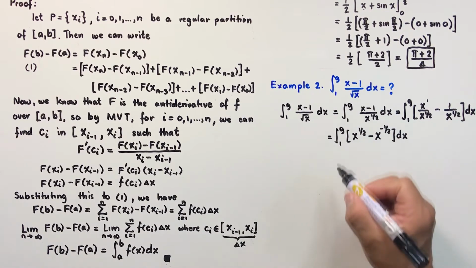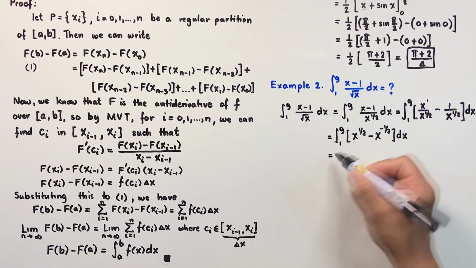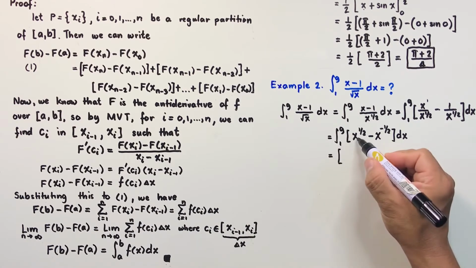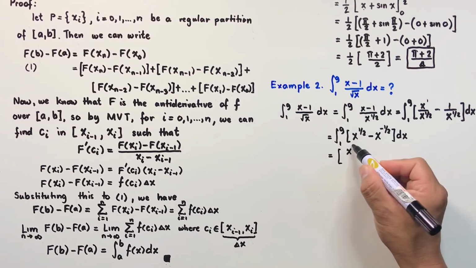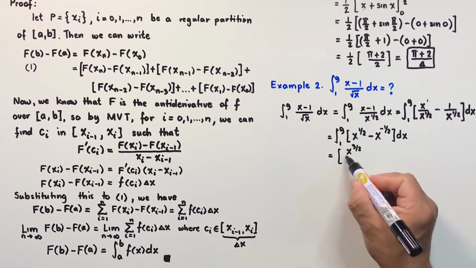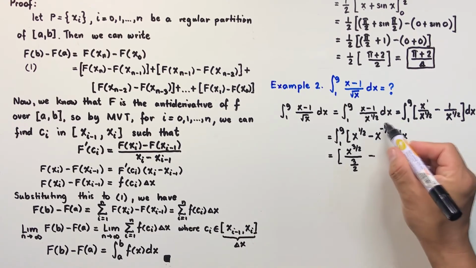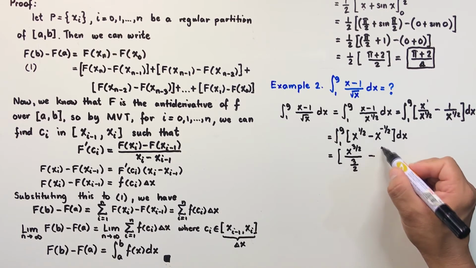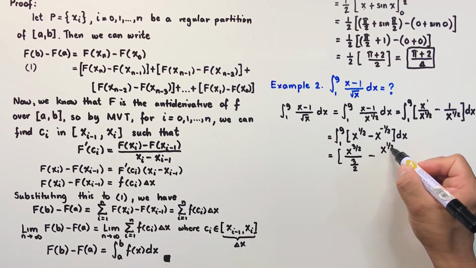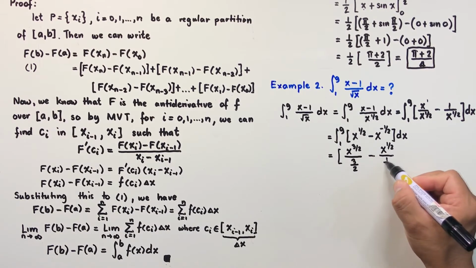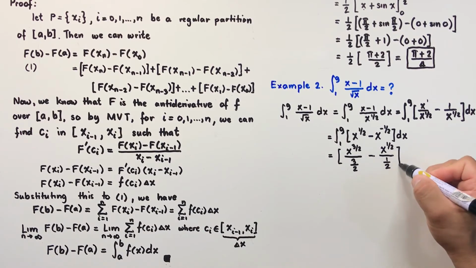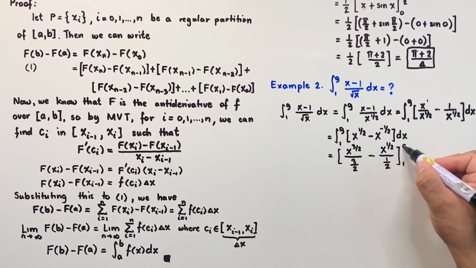So applying the power rule in integration, the integral of x to the power 1/2 is x to the power 3/2 all over 3/2, minus the integral of x to the power negative 1/2, which is x to the power 1/2 over 1/2. And this will be evaluated from 1 to 9.